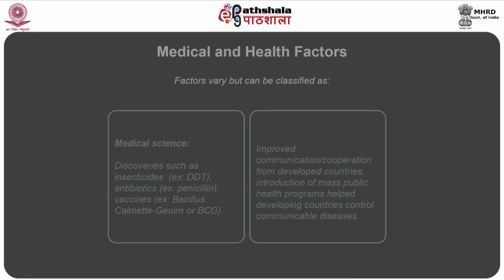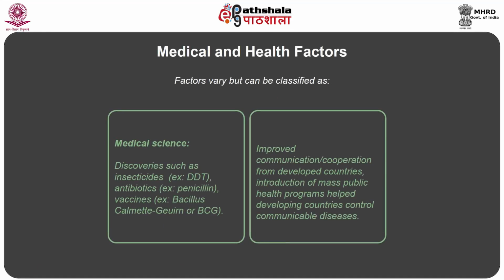The decline is mostly attributed to the transfer of existing medical and industrial technology from developed countries, such as the invention of vaccines, antibiotics, steam engines, radio and development of communication systems such as telephone, telegraph, etc. Various medical and health factors also have to be noted in this regard.